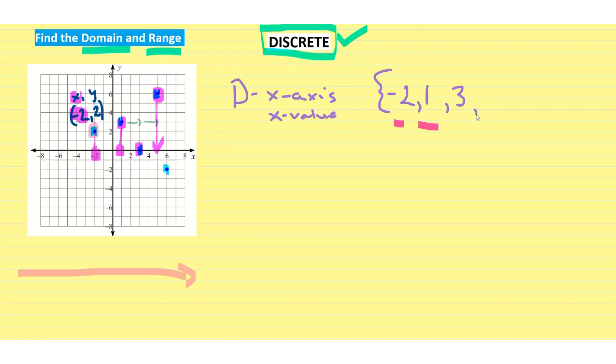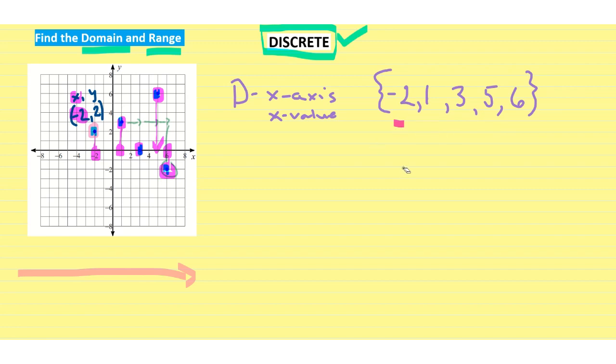So that is going to be my next X value represented. And then I have only one point left. I go over just a little bit because that lines up with this point right here. Where does it line up with the X-axis? It lines up there at the +6. So that will be my final X value represented by the points in this discrete relation.